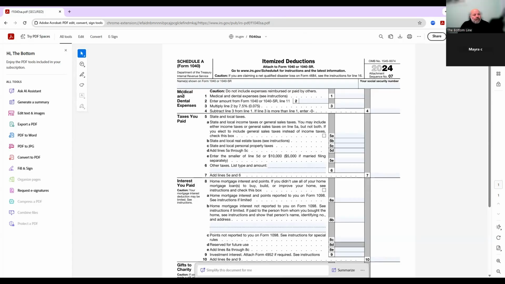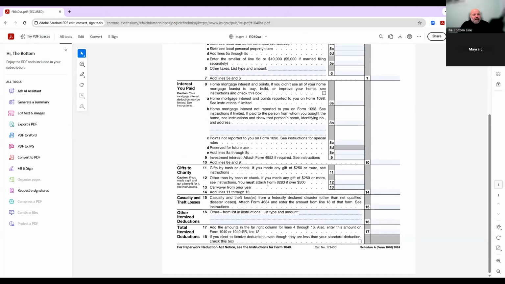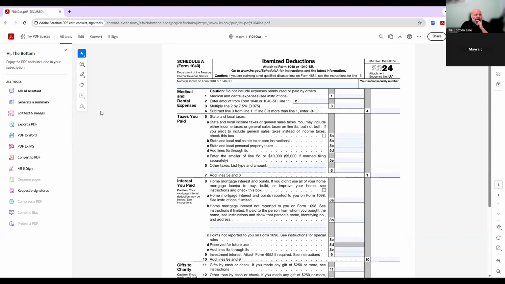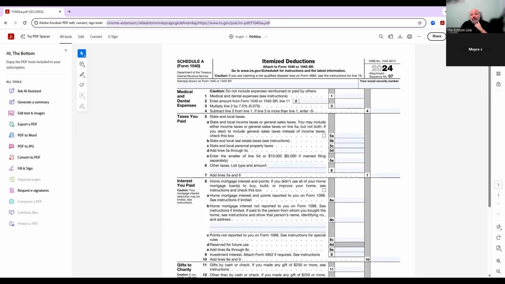This is where we're going to talk about medical, taxes you paid, interest you paid, gifts to charity, casualty loss and theft, other itemized deductions, miscellaneous, and then the total. So that's the Schedule A. You can go to irs.gov, and that's where I got this, and that's last year's, our 2024 Schedule A.